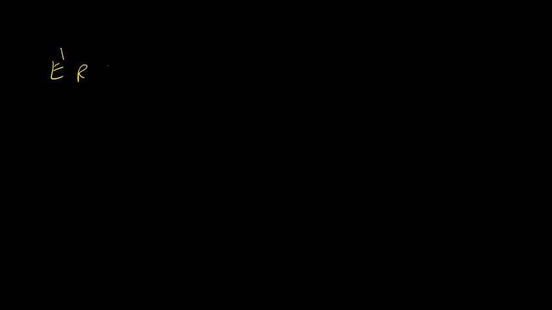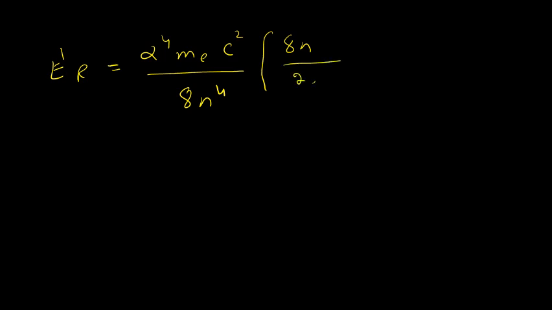By replacing this term by alpha, the first order correction to energy E1r will be equal to alpha^4 me c squared divided by 8 n^4, into (8n divided by (2l plus 1) minus 3).